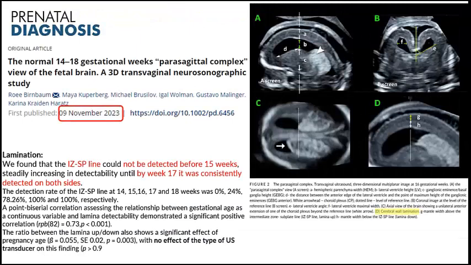That, as has been described just last month in this very nice paper from Roe Birmon and colleagues, cannot be detected before 15 weeks and it can be seen after 17 weeks in all cases.